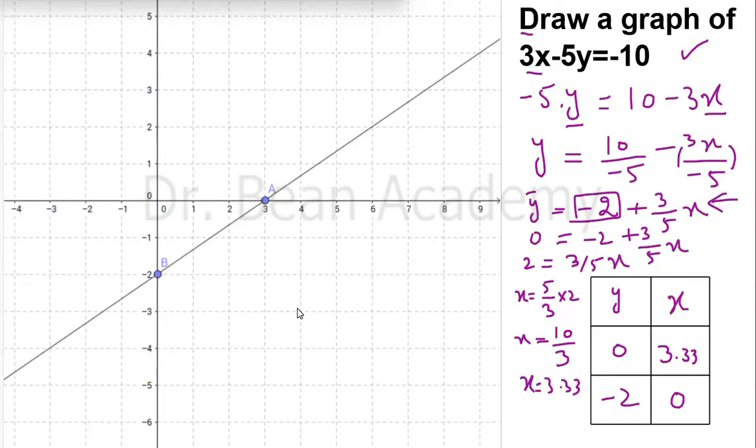But because the resolution of my graph paper is not enough to show the values in fractions, I have no choice.